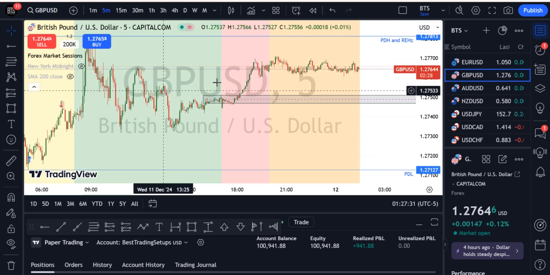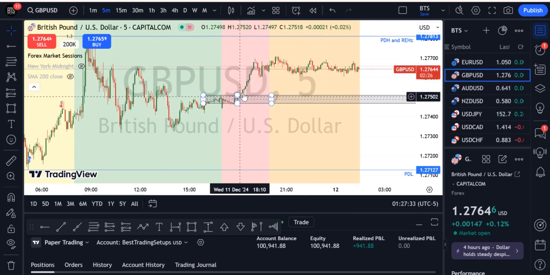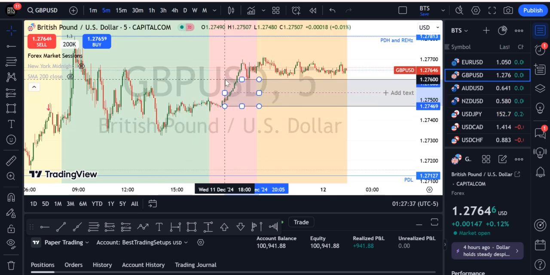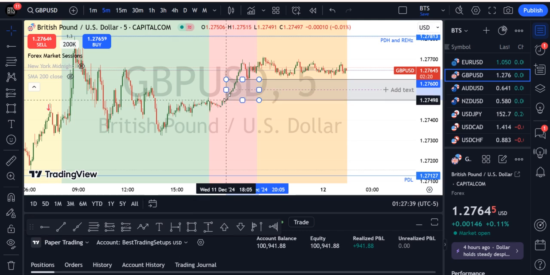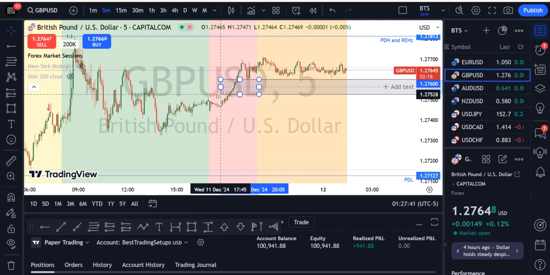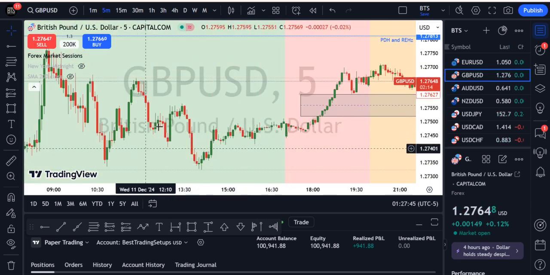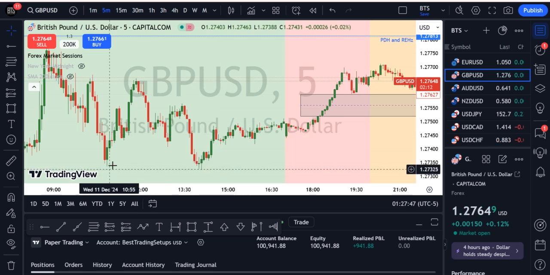So also this is in this fair value gap. We could have this fair value gap right here. Then price has swept this low.